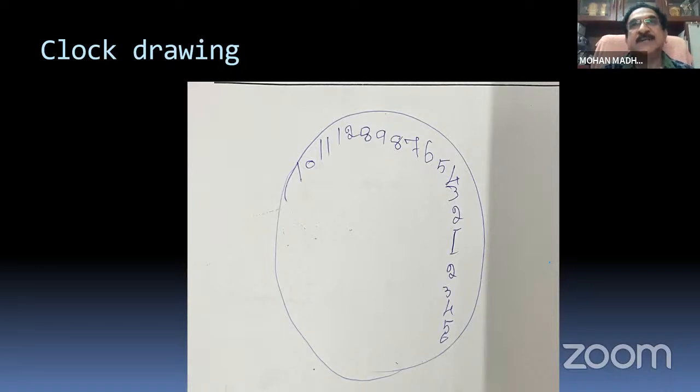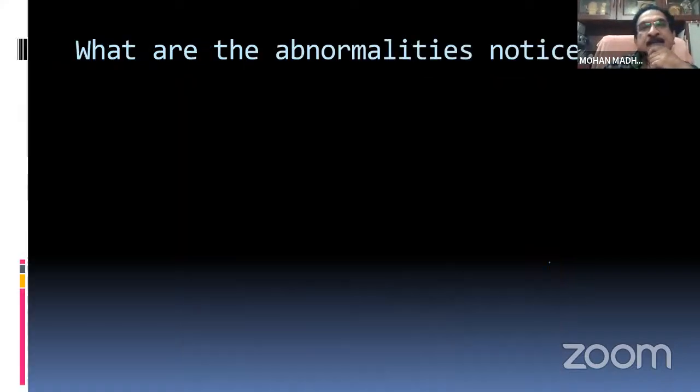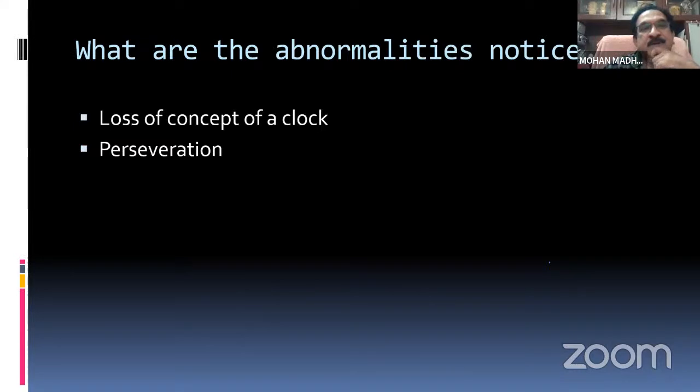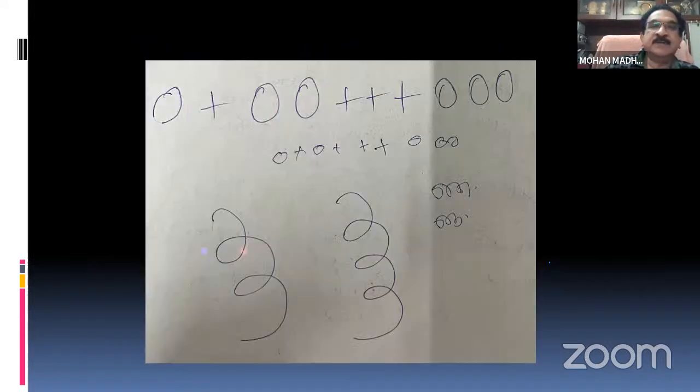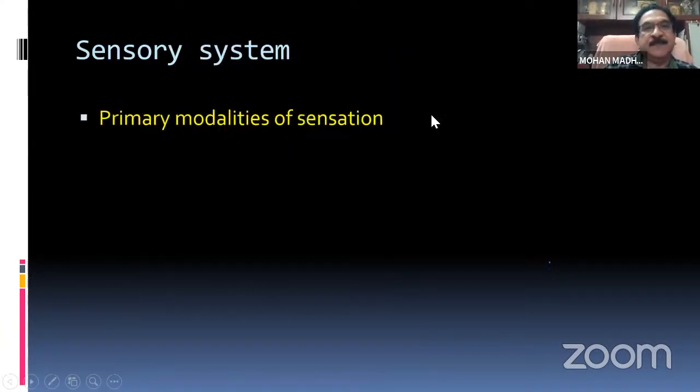In addition, he has hemi neglect as well. But the main thing was the frontal lobe dysfunction. So loss of concept of the clock and perseveration indicate frontal dysfunction, and some degree of hemi neglect indicates right parietal dysfunction. Again, the series completion is all defective, indicating an executive dysfunction.